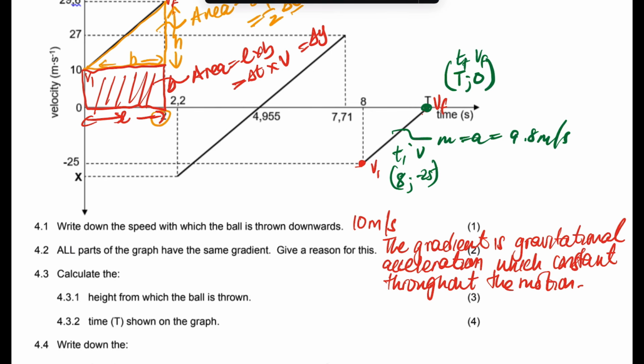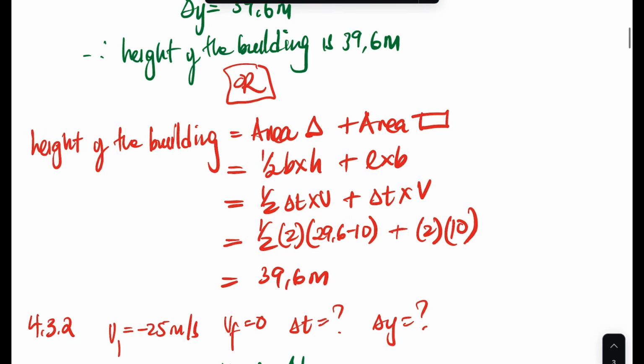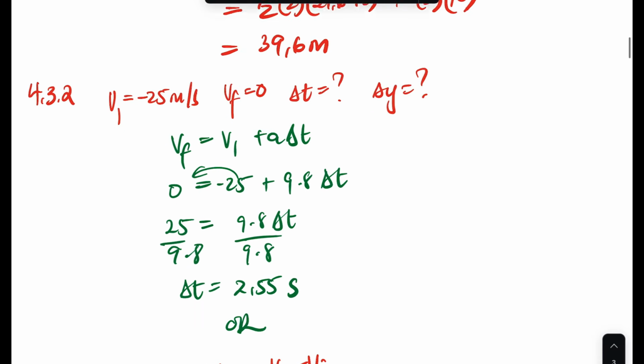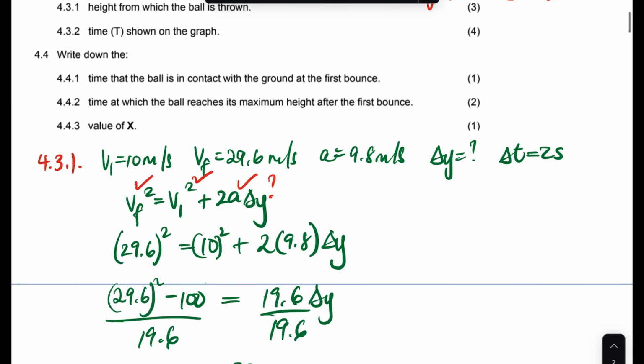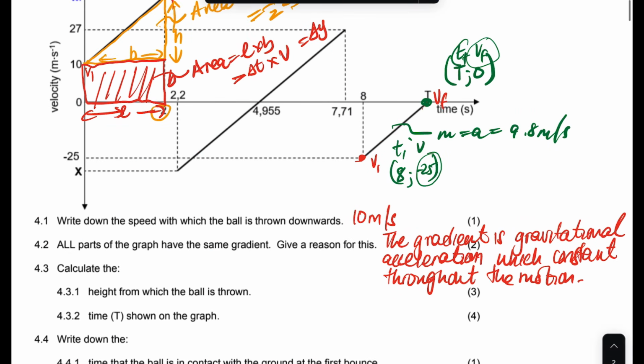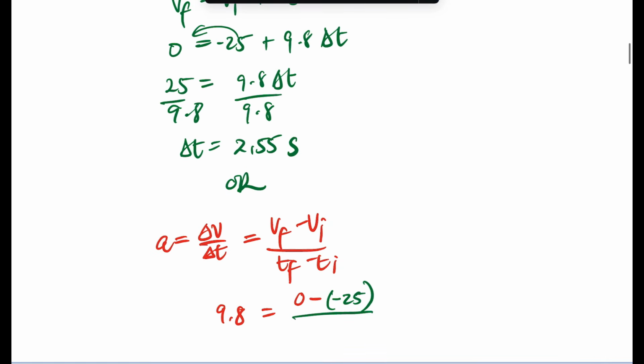8 and negative 25. So v final minus v initial is going to be 0 minus 25, and the t final there is t minus 8.